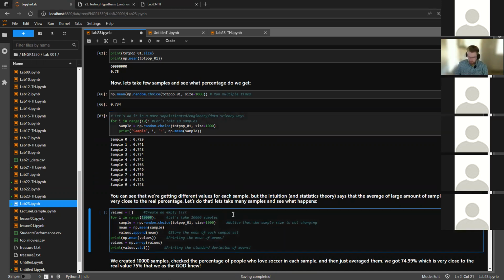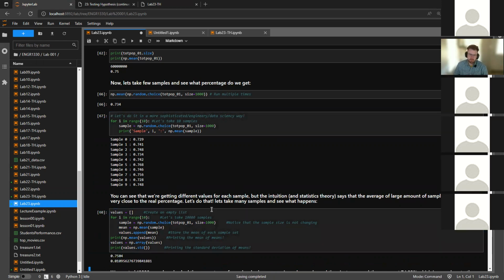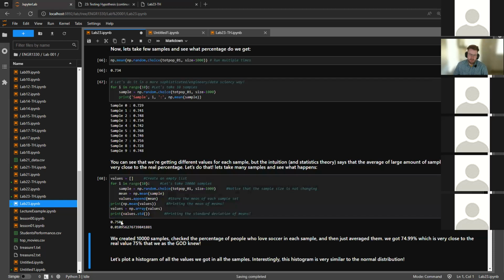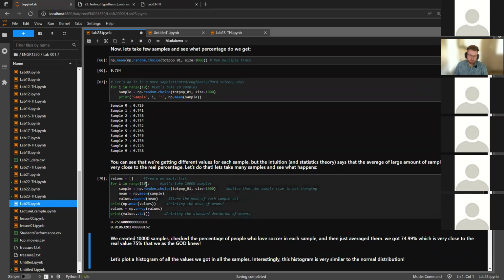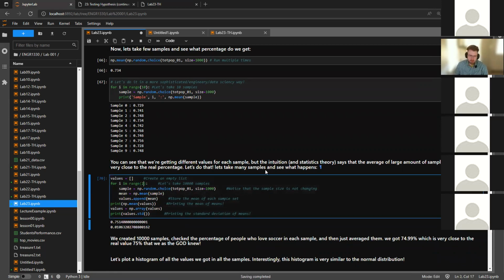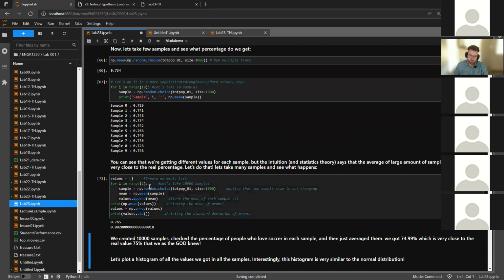So if I were to do that for the one we just had here, the average of everything I got was 0.7504, which is pretty darn close to the actual average that we know it is. 0.7506, 0.7514.